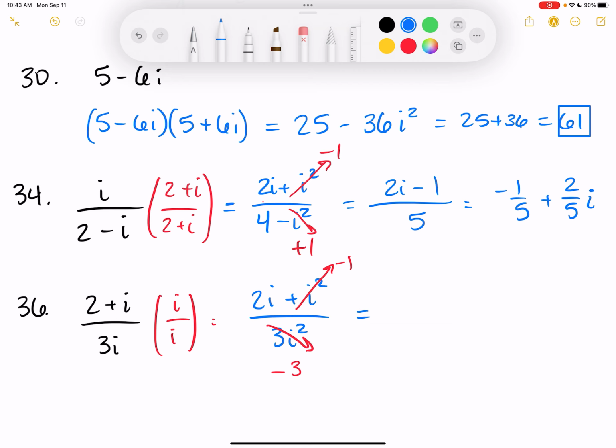So this is going to be negative 1 over negative 3, that's going to end up becoming positive, so I'm just going to erase them. And then minus 2 over 3 times i. Do we follow that? I just hate having so many extra steps that you don't need to have.